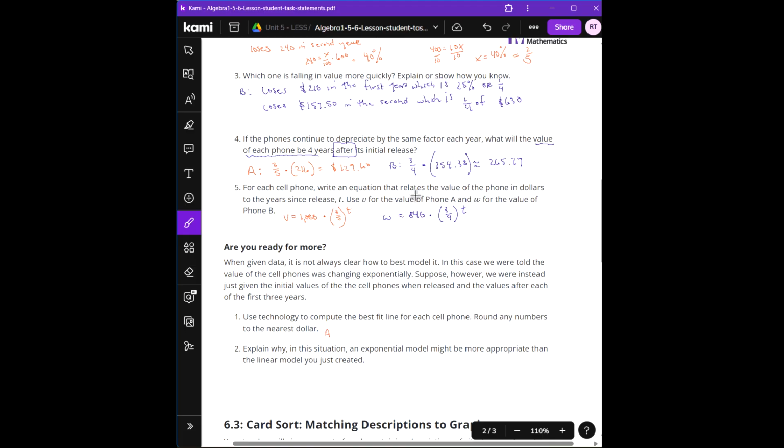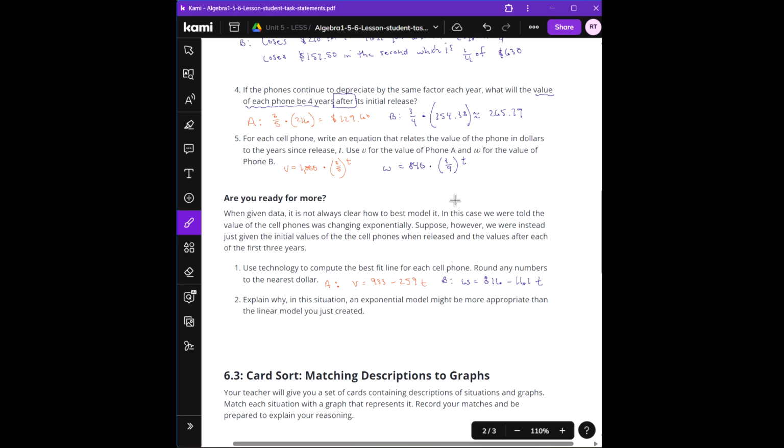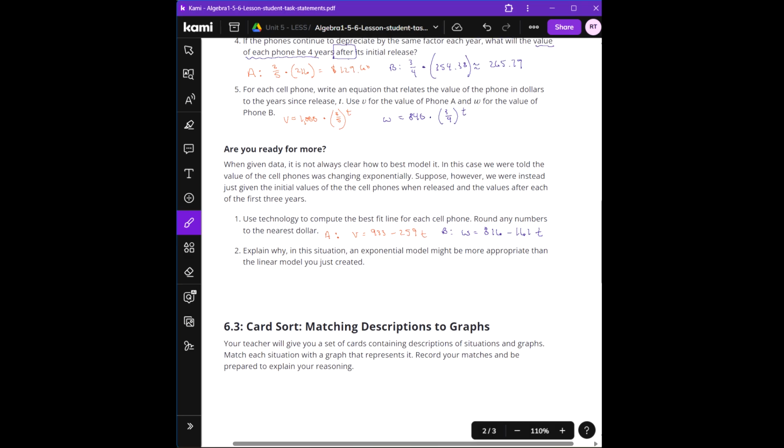So for A, we have V is equal to 933 minus 259t. And then for B, W is equal to 816 minus 661t, sorry. So those are the two equations that you should get when you use the technology.